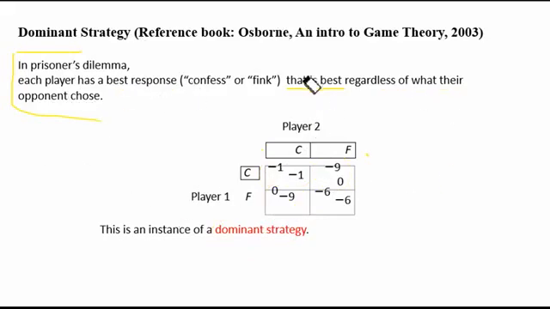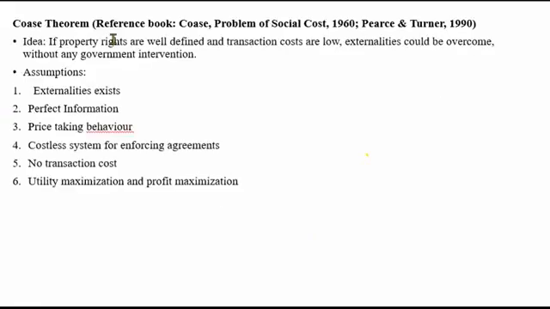Now let's look at the next option, which is Coase theorem. Coase theorem is a very important concept in environmental economics. You can refer to the original article by Ronald Coase, called The Problem of Social Cost, 1960. Also, there is a book by Pearce and Turner.